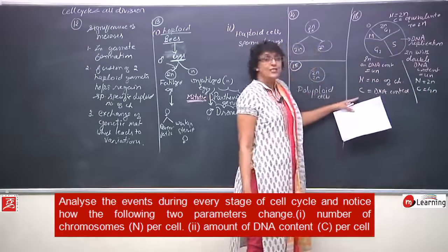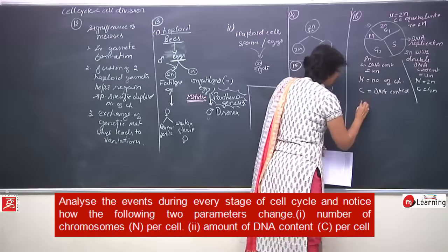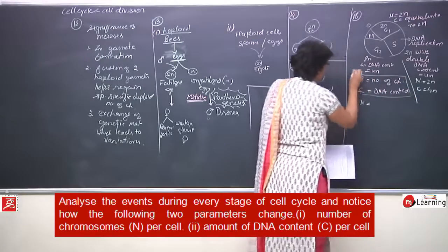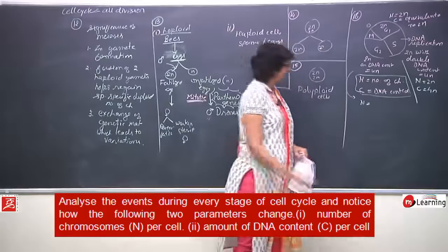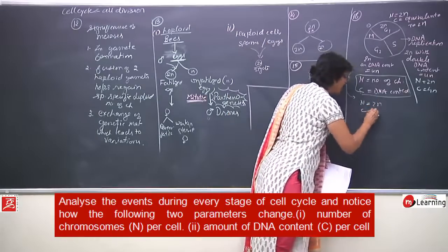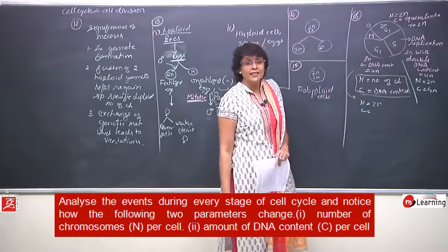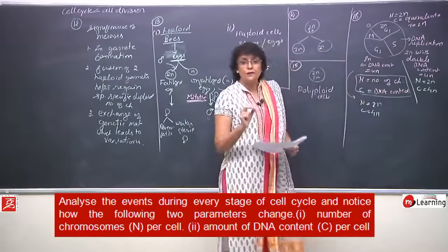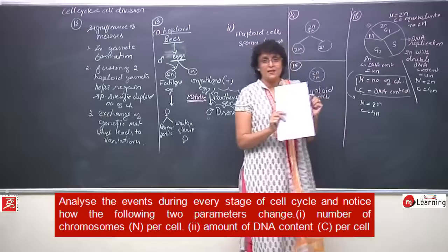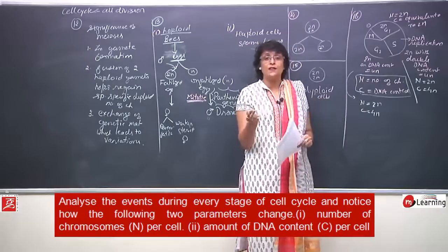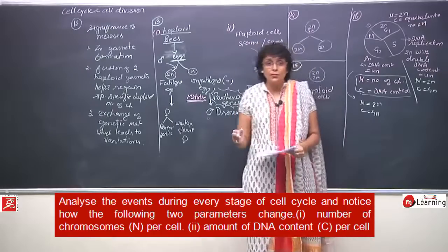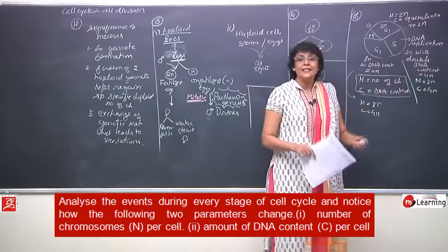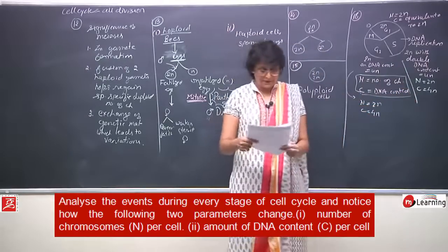In case of G2, number of chromosomes is 2N, but C, that means genetic content or DNA content, is equivalent to 4N. So the difference is the chromosome number remains the same, but because of the replication of DNA, the DNA content got doubled. So chromosome number we will write as 2N, but we will write that the DNA content is doubled.